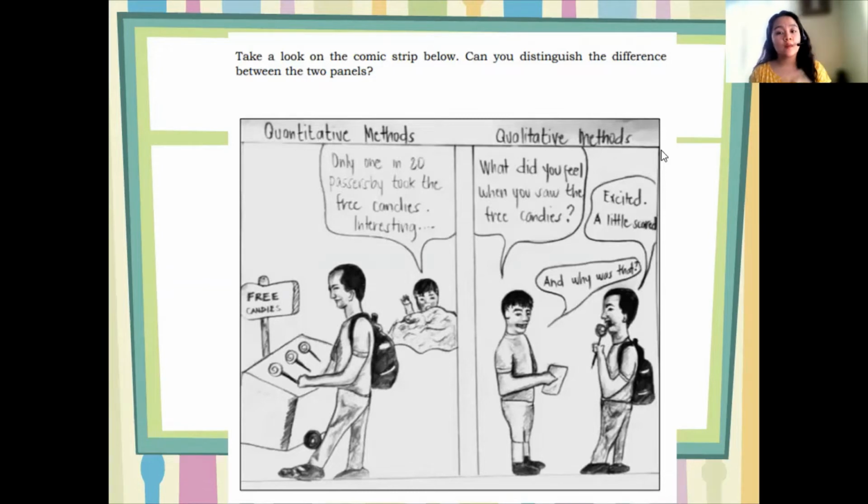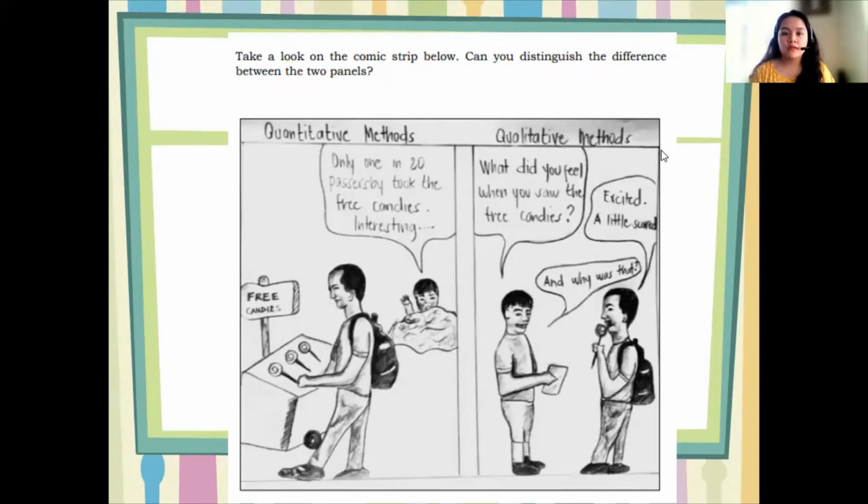While in the qualitative method, tinanong niya, or the topic here is the feeling, diba? Feeling cannot be measured, while on the quantitative method, it measured that only 1 in 20 took candle.